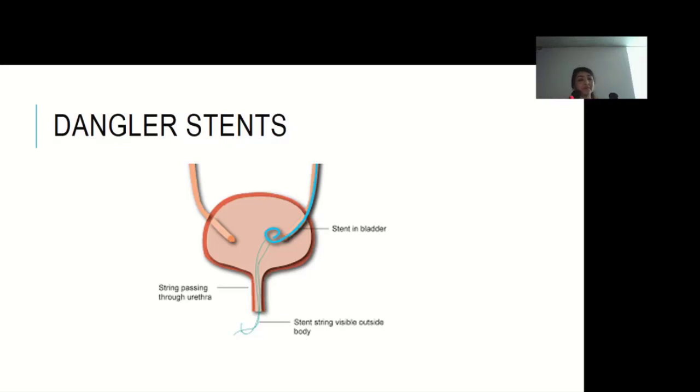Everything has its indication. If a patient comes to us with any obstructive uropathy which has external compression, we always place the same DJ which we place. We don't think that we should be offering something else to that patient.